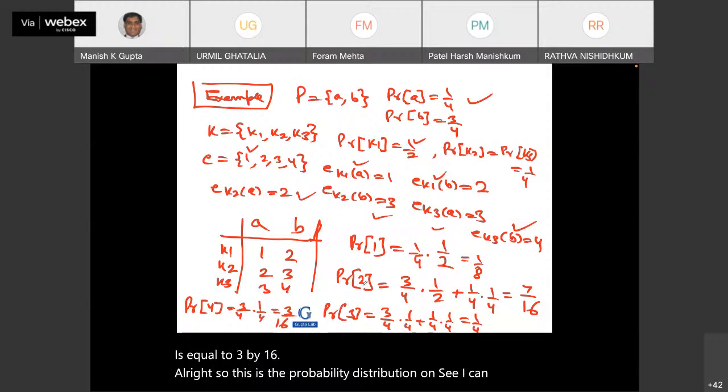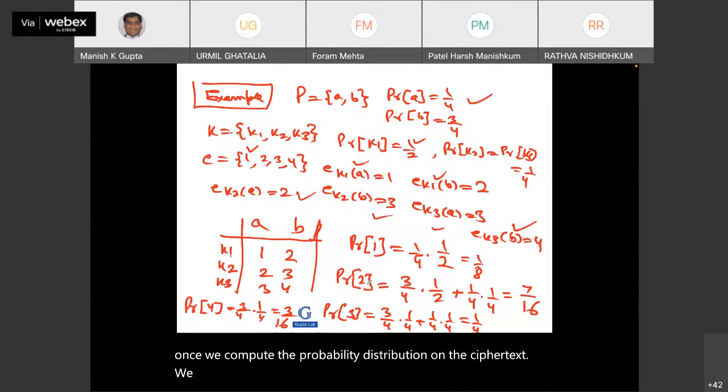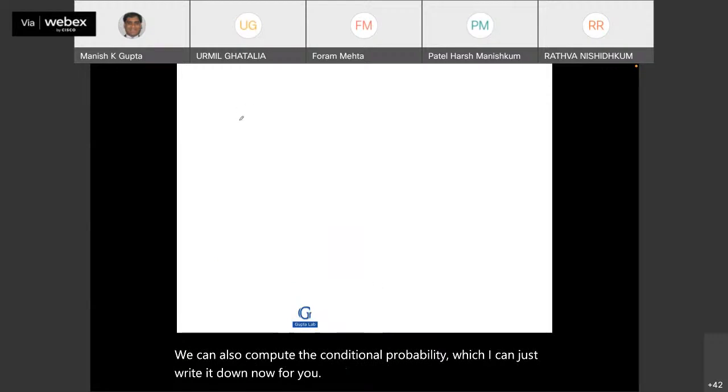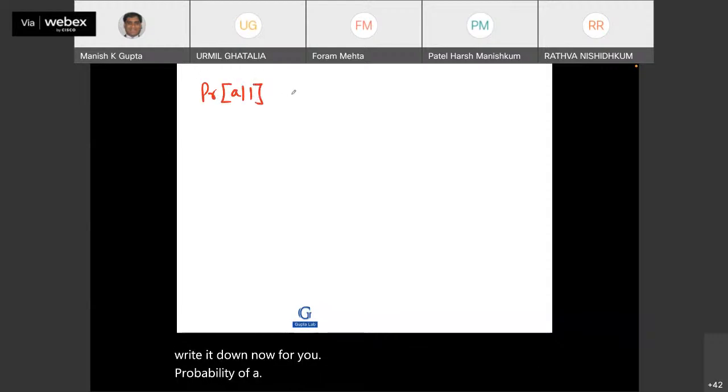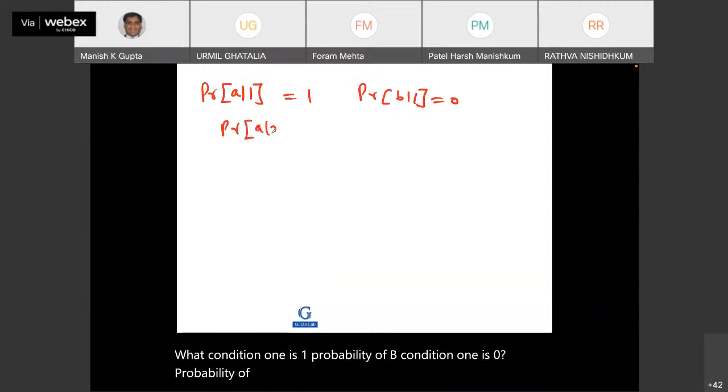Once we compute the probability distribution on the ciphertext, we can also compute the conditional probabilities, which I can just write down now for you. Probability of A given 1 is 1. Probability of B given 1 is 0. Probability of A given 2 is 1/7.